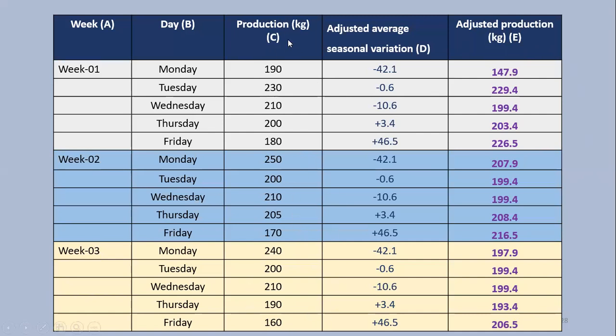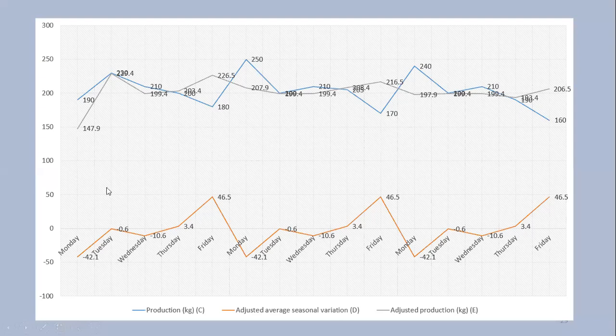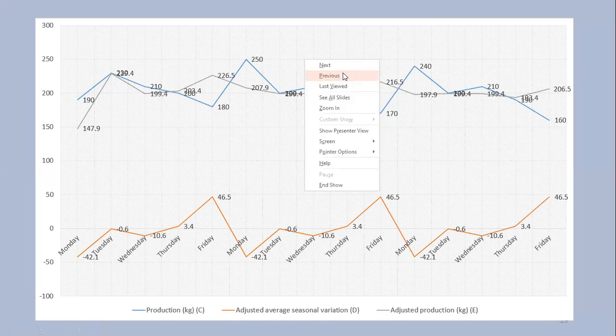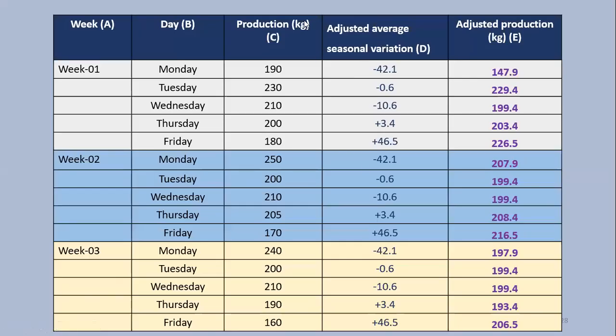To get this production, the actual values we have already calculated, right? In this diagram you can see the blue color actual production, in this orange color adjusted average seasonal variation, and adjusted production. So this is the adjusted production value that should be there to get this amount.